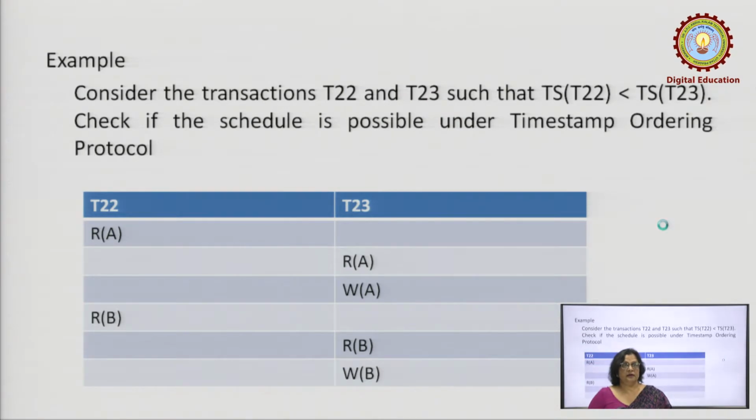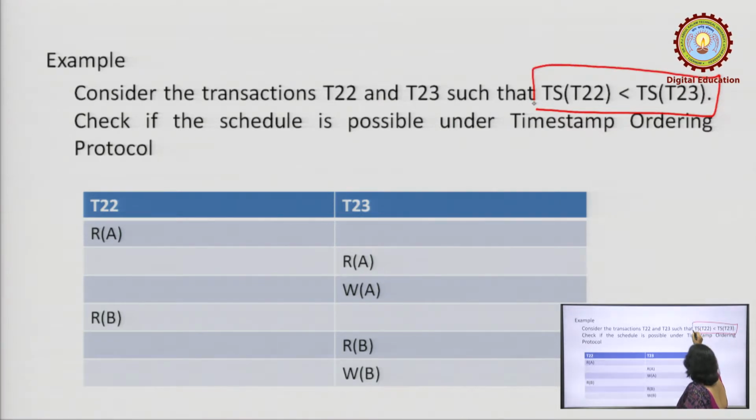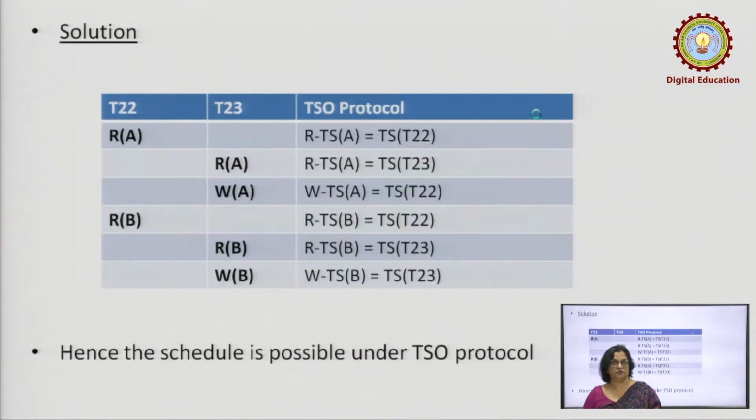Now, let us consider an example where we have the transactions T22 and T23 such that the timestamp of T22 is less than the timestamp of T23. That is, T22 is an older transaction as compared to T23. We need to check if this schedule is possible under the timestamp ordering protocol. Let us do it.